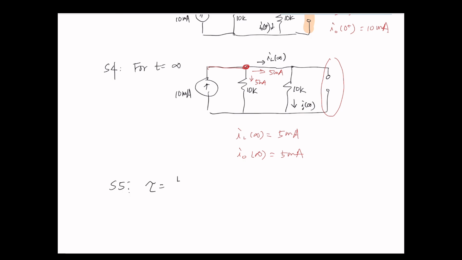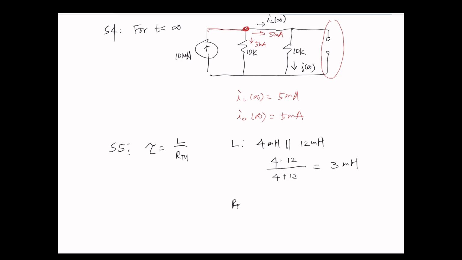Step number 5, we need to calculate the tau. Tau is L over R TH. So now what is L? We have 4 millihenry in parallel with 12 millihenry. Therefore 4 times 12 over 4 plus 12, that is 3 millihenry.